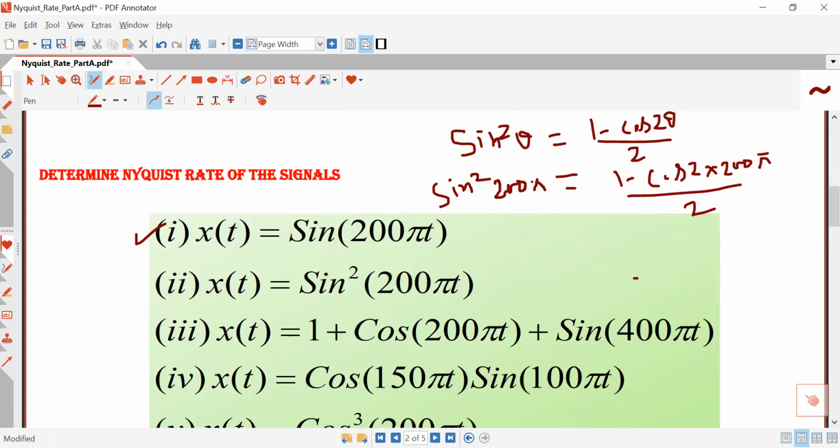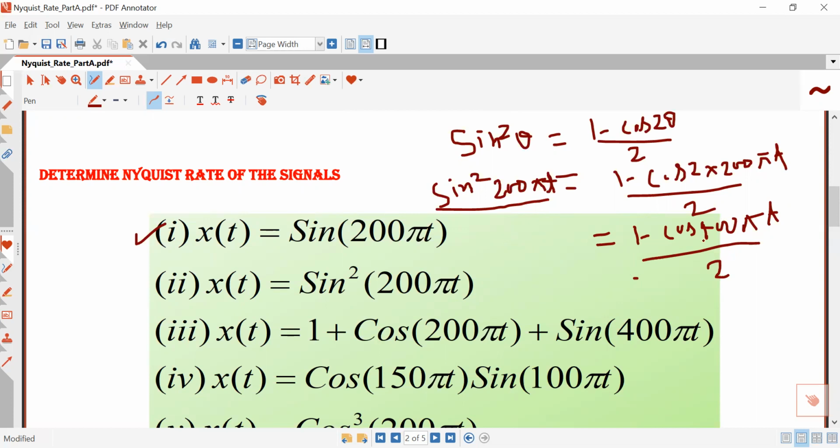So from the knowledge of trigonometry, you can write sine square 200 pi t equal to (1 minus cos 400 pi t) divided by 2.